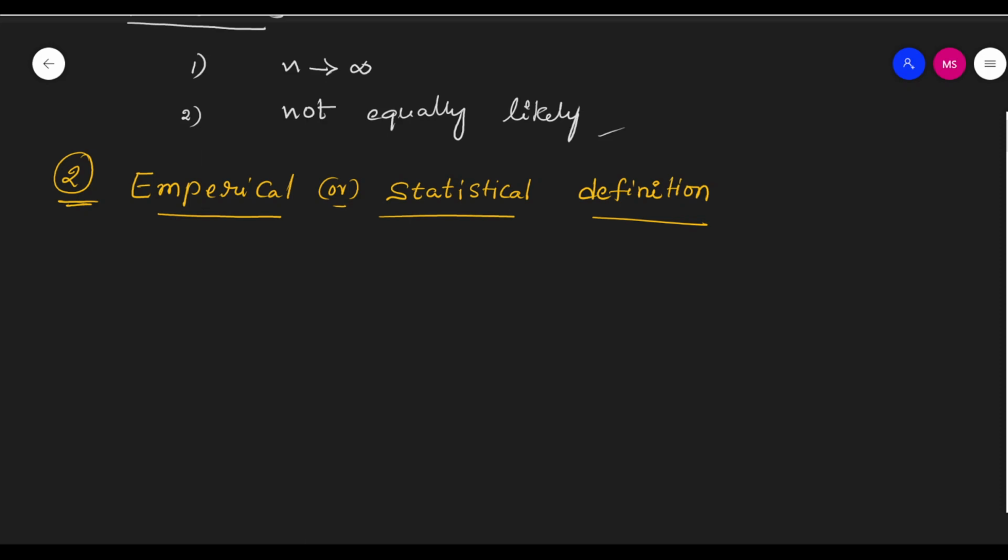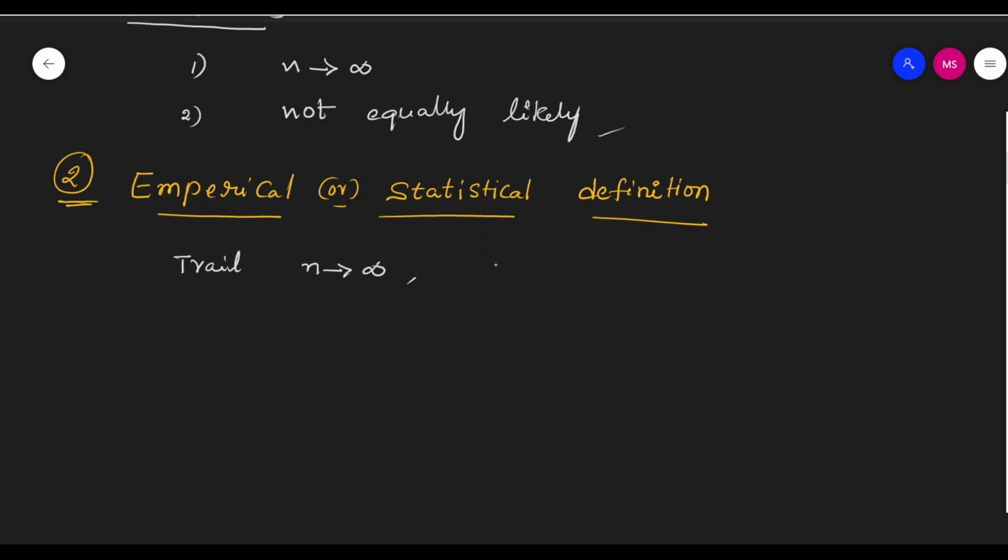What is that? Very simple. If a trial is conducted, or if you take any random experiment, if a trial is conducted indefinitely large number of times, that is, n tends to infinity. This is one of the limitations of the mathematical definition, that if n tends to infinity, the definition fails. To rectify this problem, the trials are conducted indefinitely large number of times.